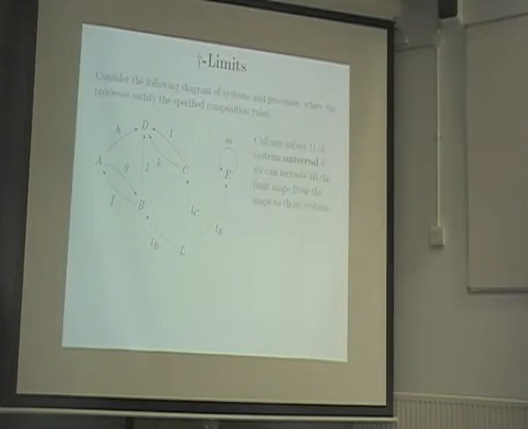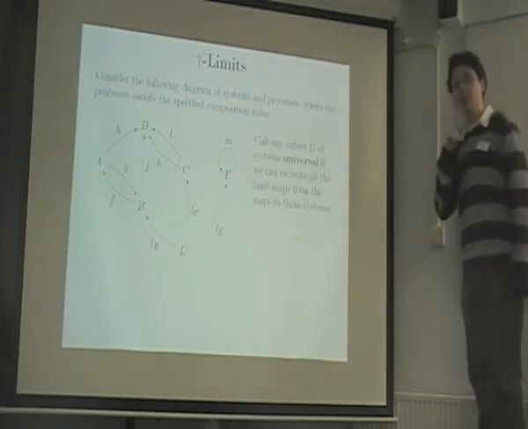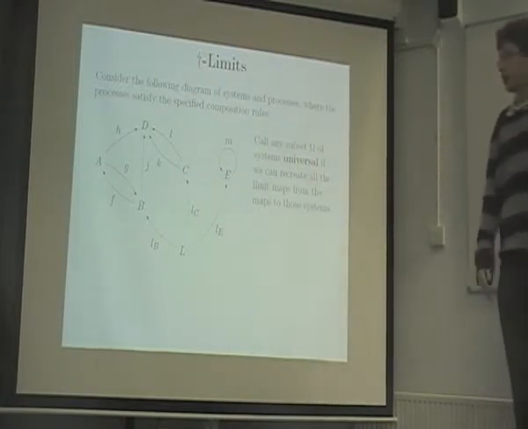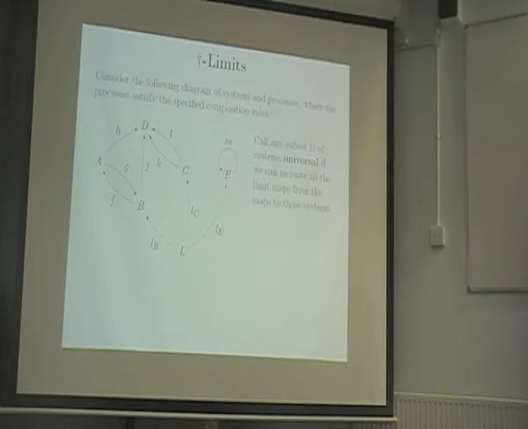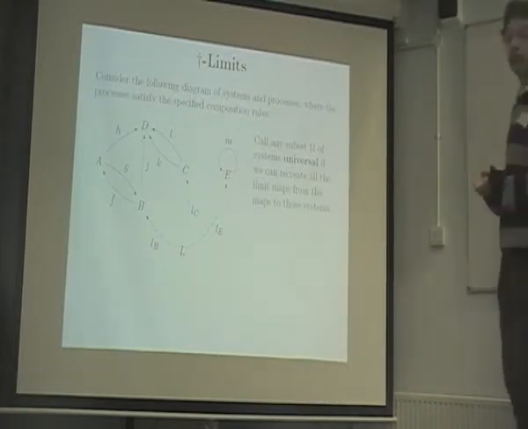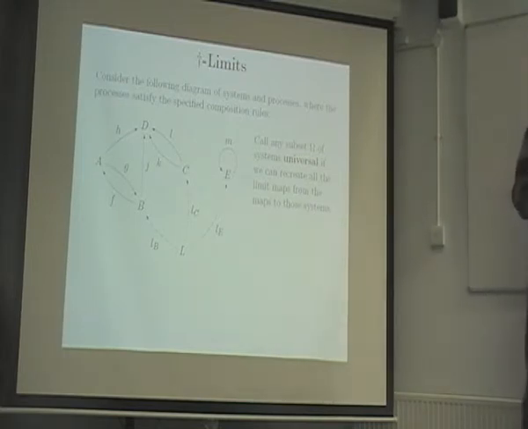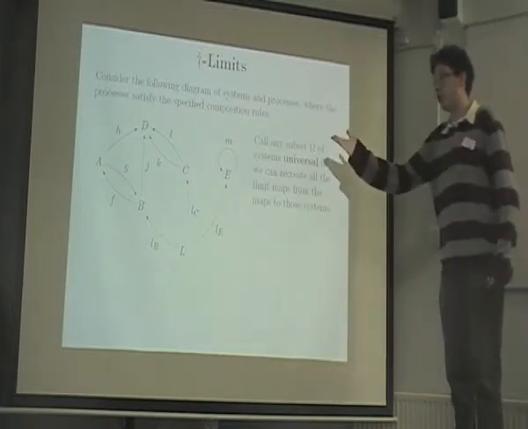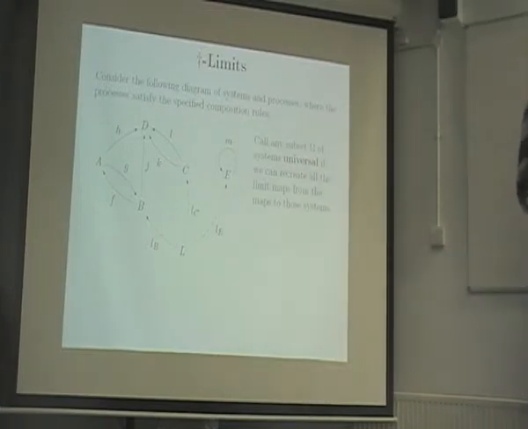Okay, so what we're doing in general here, let's call some subset omega of our systems. So we've got A, B, C, D, and E here in our systems. We'll call our subset universal if we can recreate all the limit maps just from the maps to those systems. So that B, C, and E are universal. Obviously, if we take all the objects, that would be universal. But we couldn't just take A, B, C, D, for example, because then we'd have no way to recreate LE.